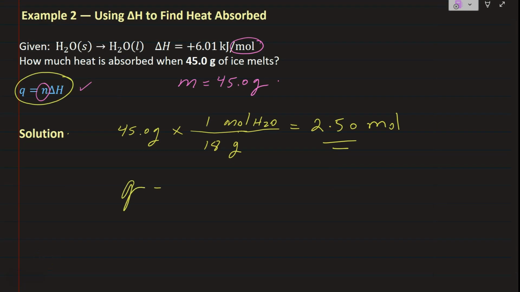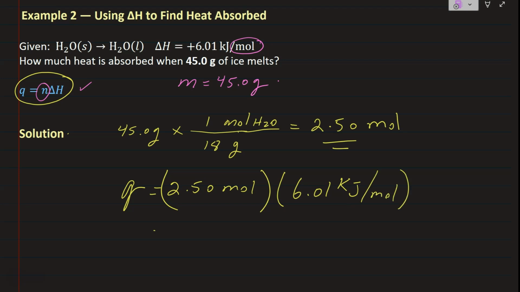Okay, now that we have this, we're going to use the phase equation. So Q is equal to n, 2.50 mole, and then we multiply it by 6.01 kilojoule per mole. By the way, remember, this is an endothermic reaction, it absorbs heat.